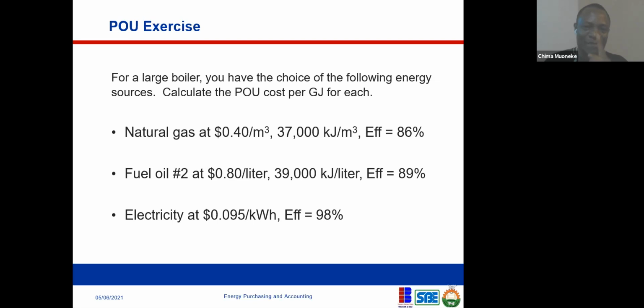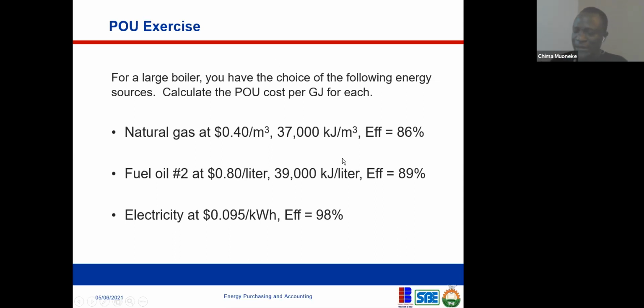Now you're going to write the meter cube up so that you can cancel out. Then below it, you're going to write 37,000 kilojoule. Now, mind you, we want to convert to gigajoule. Remember that 1 million kilojoule is equal to 1 gigajoule, right? So next, you're going to write 1 million kilojoule, and below it you're going to write 1 gigajoule.